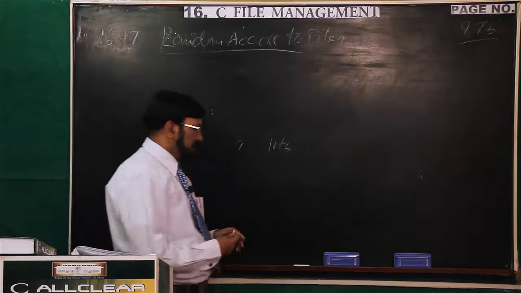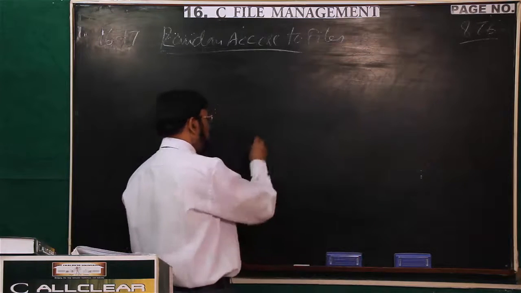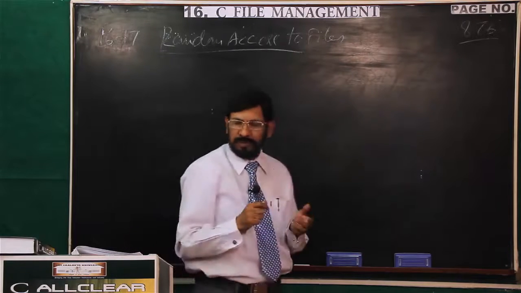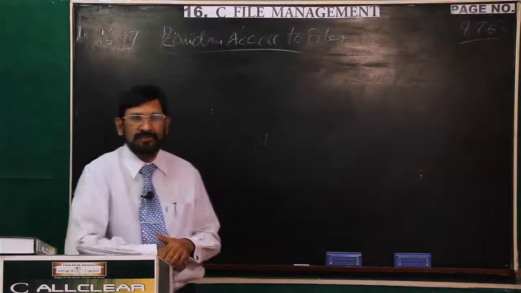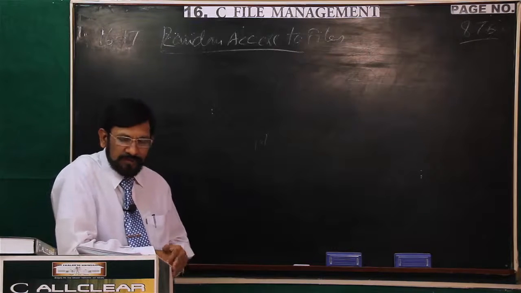But as far as magnetic disks are concerned, randomly, suppose you want to go to the 10th record, by using random access functions, you can access it. So it saves a lot of time.